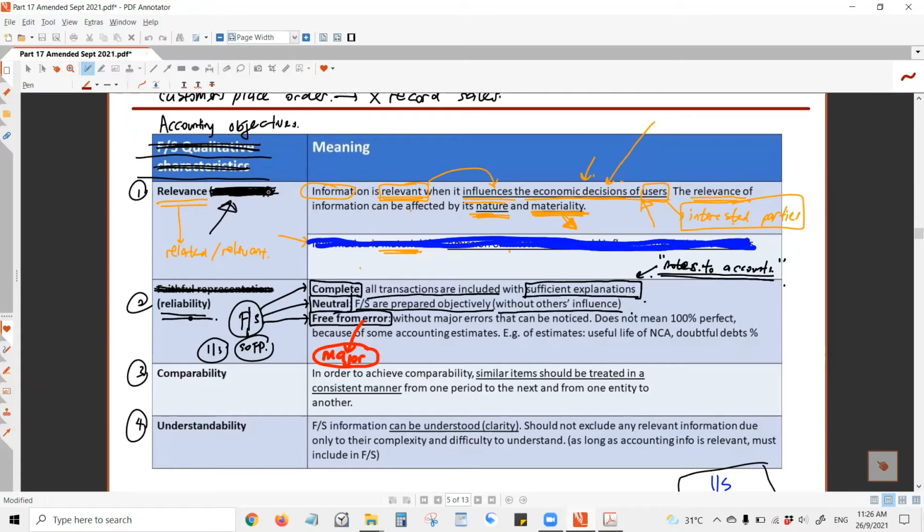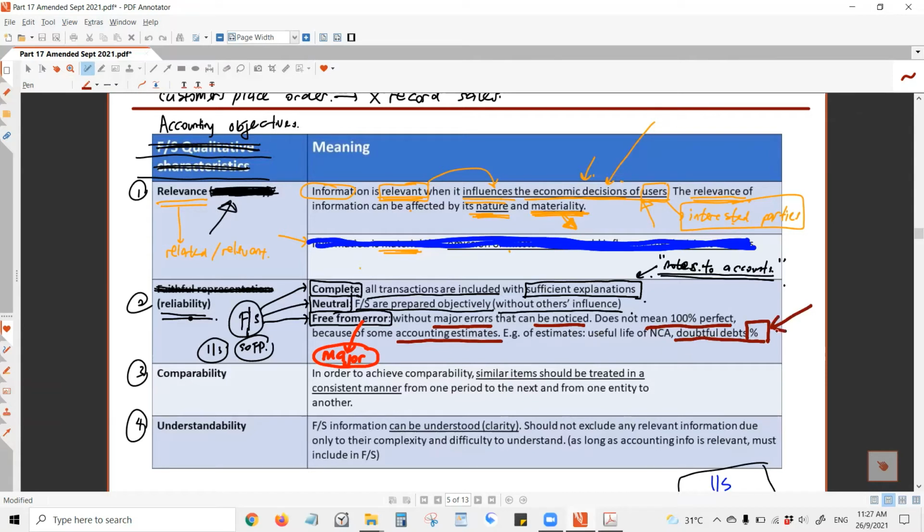Without major errors that can be noticed doesn't mean it is 100% perfect, because there are some accounting estimates. Accounting estimates is a very big subject in the future. For example, for doubtful debts, whenever they ask you to calculate doubtful debts, you will be given a percentage, right? Do you have to come up with the percentage yourself?